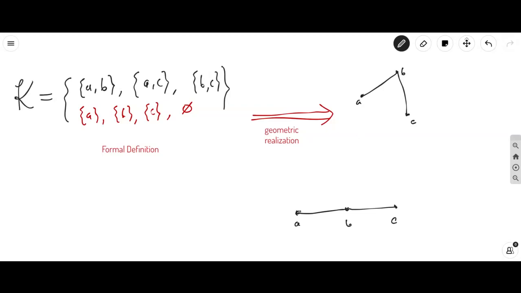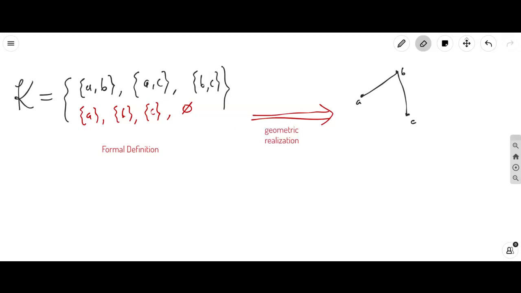If you draw a line that goes above them to connect it, then the issue is that you're kind of going over the same line twice. And then it looks like you're getting something that's a straight line. And that's not what you want. So you really have to configure A, B, and C in this way and not in a straight line. So that's why it's a bit unclear what we mean by a geometric realization.